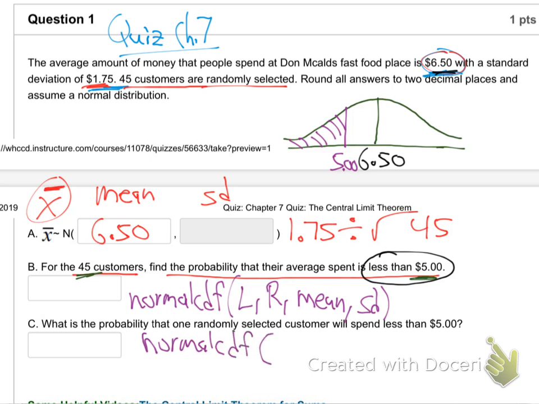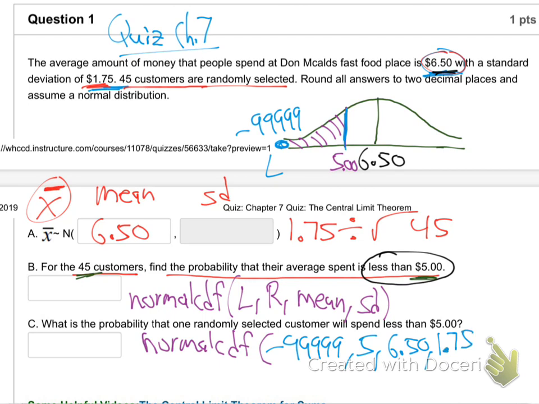The left edge of that shading is way over here, negative bunch of 9s, left forever, so negative 5 9s. The right edge is $5. The mean, $6.50. The standard deviation is $1.75.